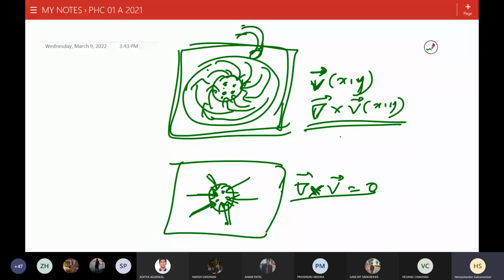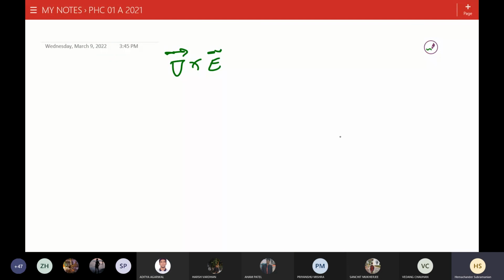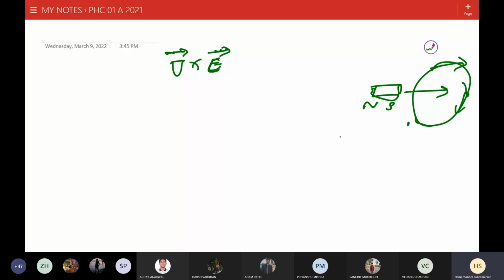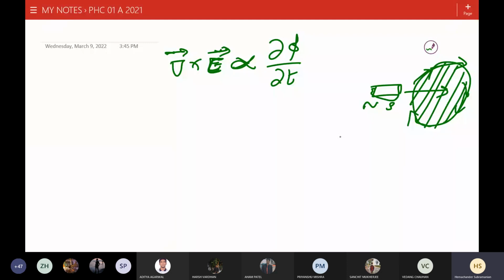So basically curl of E is how much the electric field curls around the wire as you move the magnet through the wire. If this is a magnet and this is a wire, and you move the magnet through the wire, an electric field is set up, and the electrons are going to move around the wire. The wire gets heated up. How much the electric field circulates is proportional to the rate of change of flux through that surface.